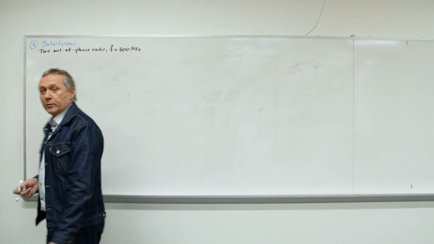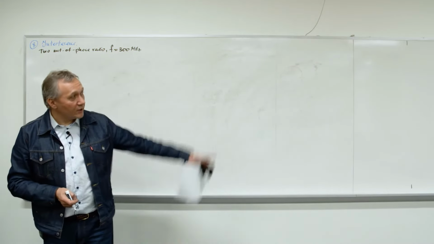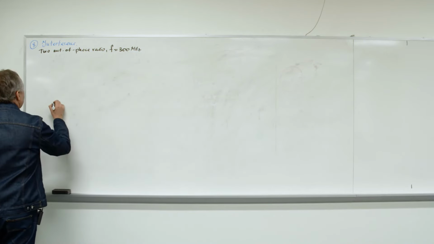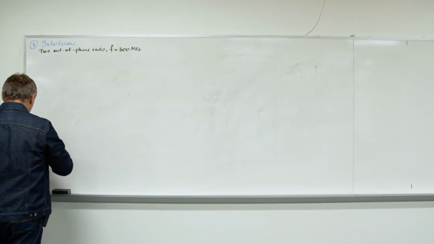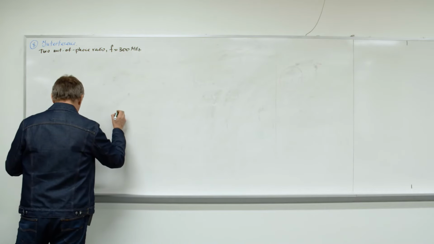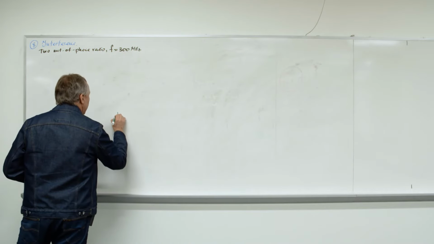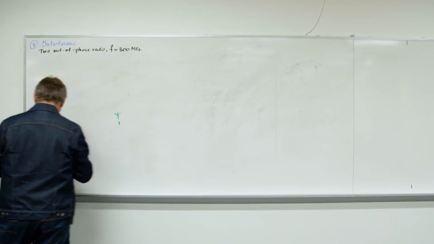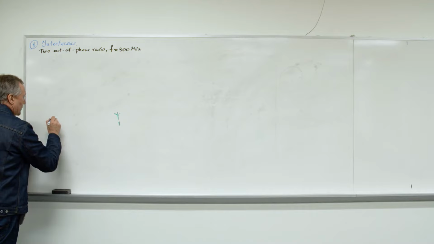Only in that case can we apply the formulas and conditions which we derived. Now let's say this is antenna number 1, so it's here, the first antenna, and the second antenna is here somewhere.